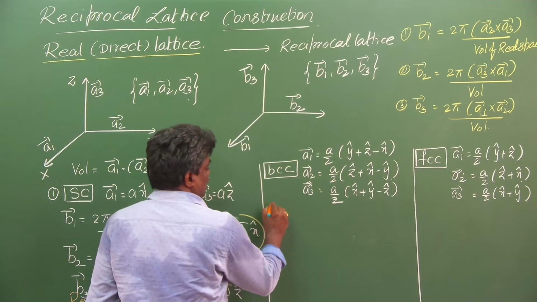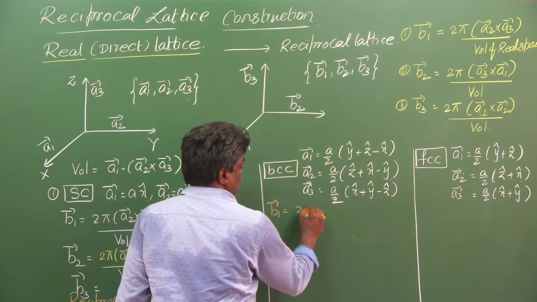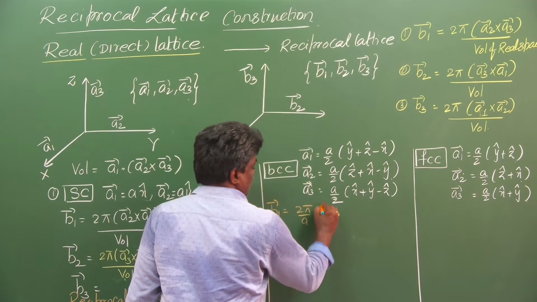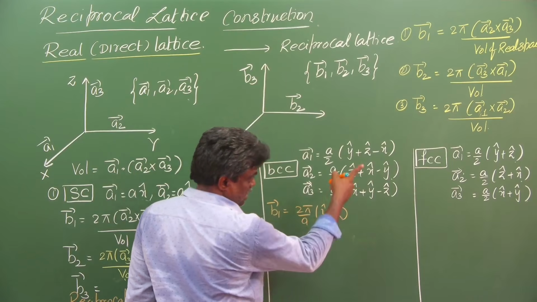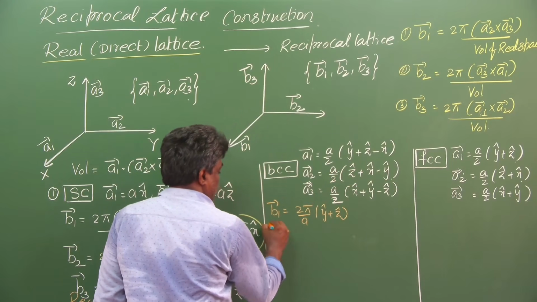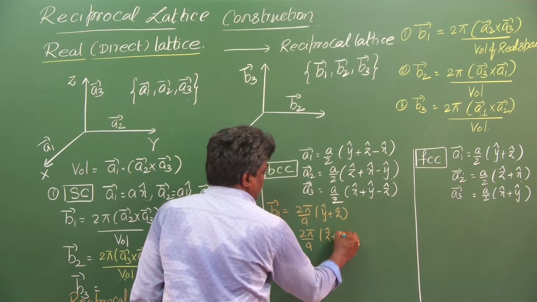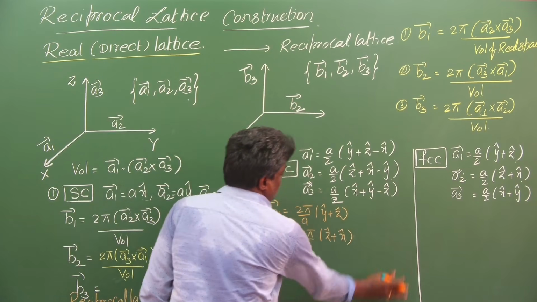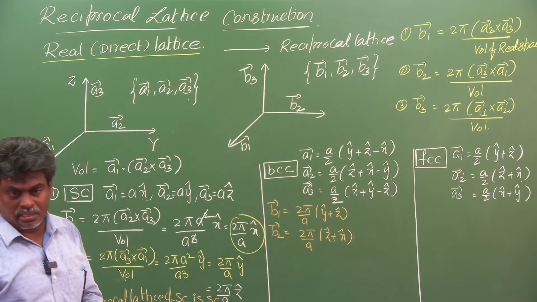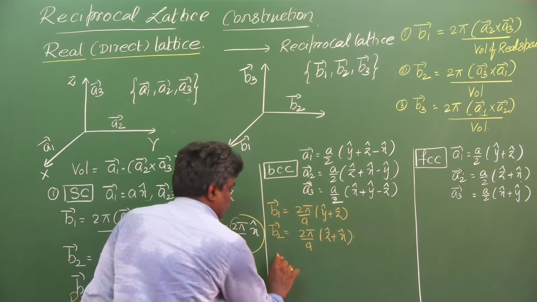I think you got B1 bar equal to 2 pi by a into y cap plus z cap, quite similar to FCC. B2 bar equal to 2 pi by a into z cap plus x cap. If you do the cross product properly, you will get the answer, just a small cross product.